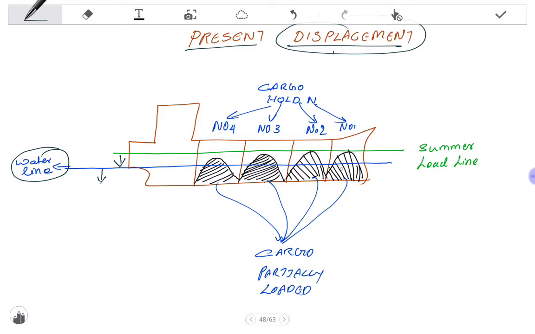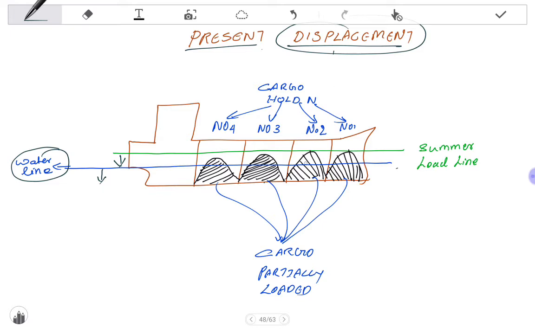When the ship is floating at any draft other than summer draft, that is called present displacement. That means at present, what is the draft and what is the displacement.